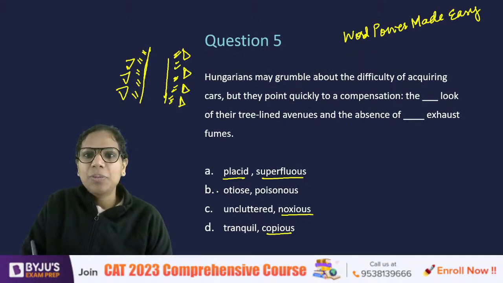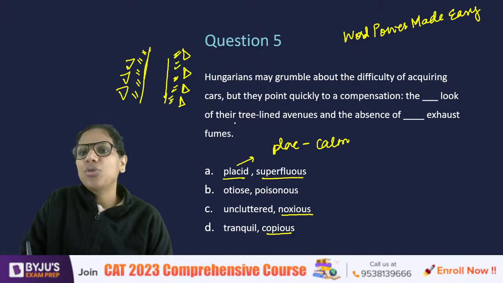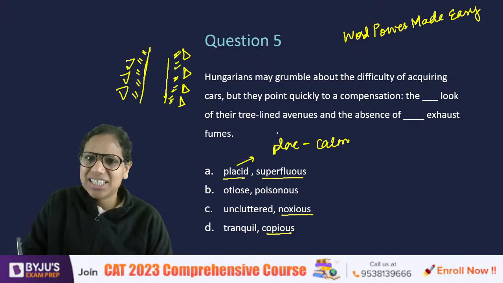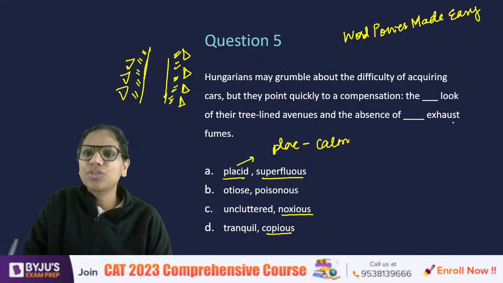Now, placid, the root plac means calm. So placid means calm, right? The placid look of tree-lined avenues, that makes sense. Yes, the tree-lined avenues would look very calm. And the absence of dashed exhaust fumes. So exhaust fumes from cars, are they harmful or are they useful?